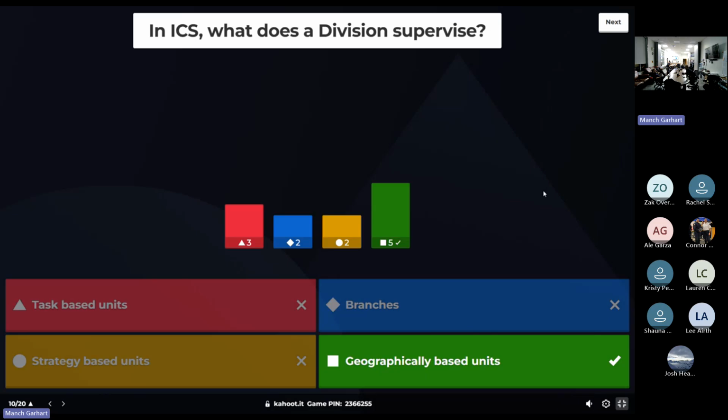Correct. So divisions are geographic, groups are functional, branches are both.